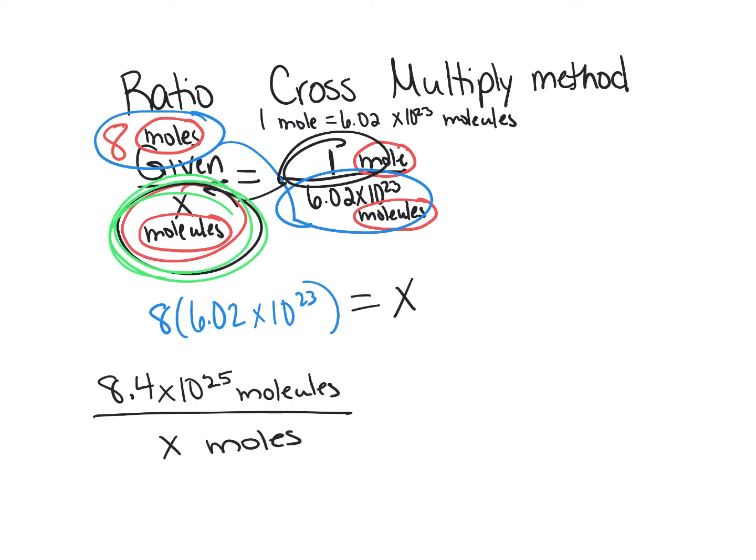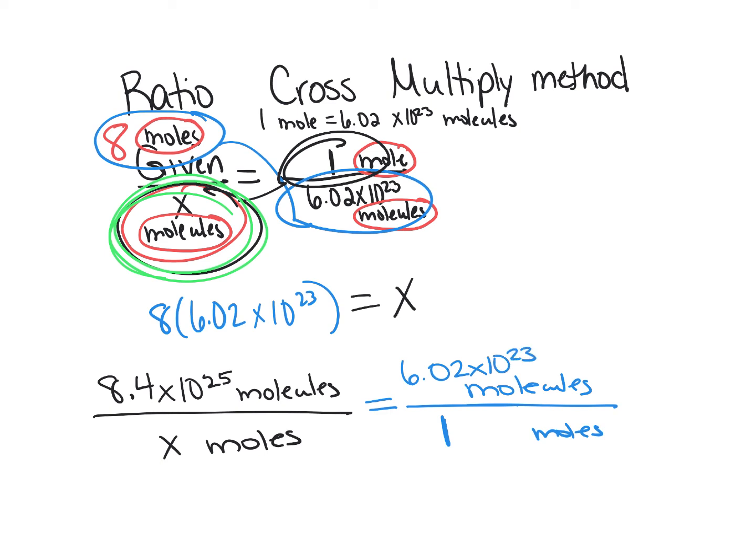So if I do 8 times 6.02 times 10 to the 23rd, then that's going to tell me how many molecules I have. Now, what if I'm given 8.4 times 10 to the 25th molecules, and it wants me to find out how many moles that would be? So again, I want to make sure the same units are on the top as on the bottom. And so I know that there is 1 mole in 6.02 times 10 to the 23rd molecules.